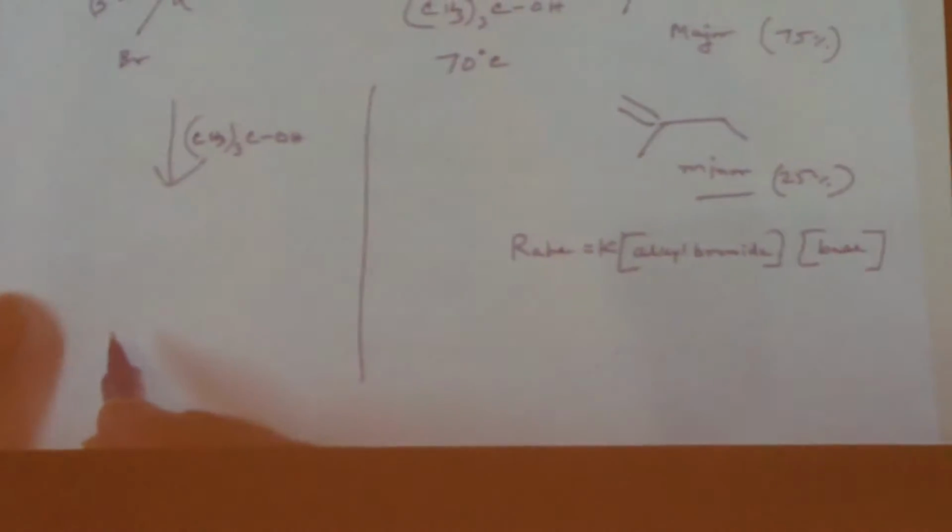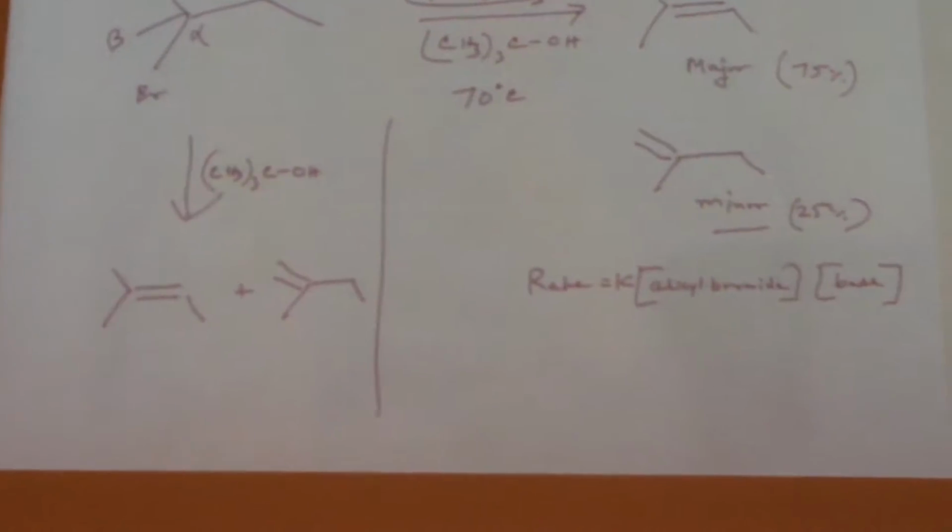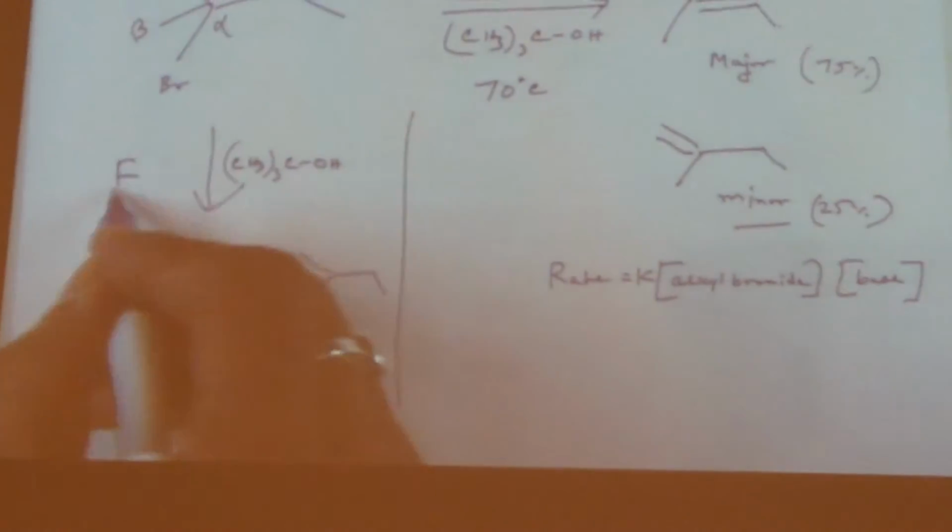So the first step would be formation of the carbocation, and then a proton gets removed by one of the alcohol molecules, the bases, and it generates the same set of products in approximately the same distribution. So this process is E1.